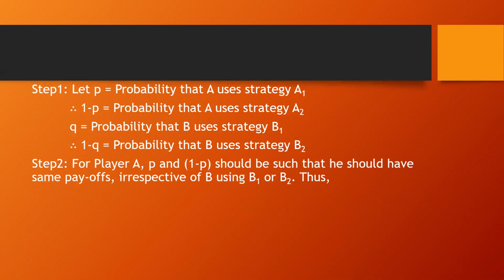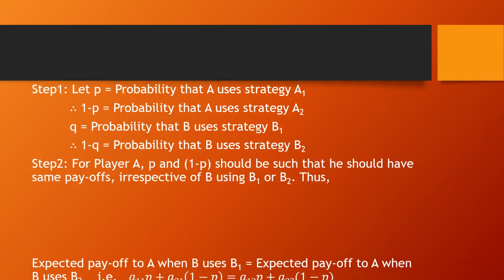Thus, we can say that the expected payoff to A when B uses, say, B1, is equal to the expected payoff of A when B uses B2. So in both cases, whether B is using B1 or B2, it should be equal to the expected payoff to A. Now the formula which we'll be using to get the value can be written this way.